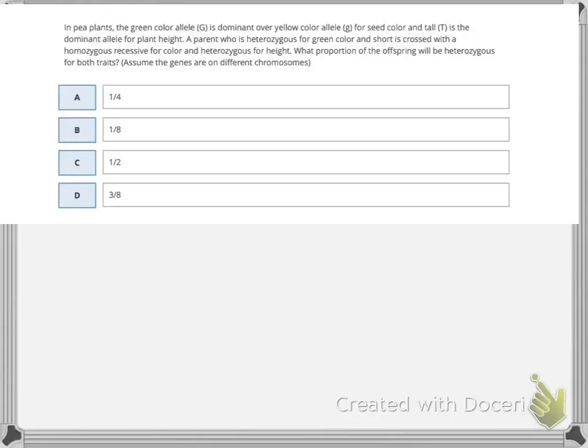In pea plants, the green color is dominant over yellow color. They're going to be using the G for uppercase if they have the dominant allele, and T, tall, is dominant. I then assume, it's not written there, that short will be little t.